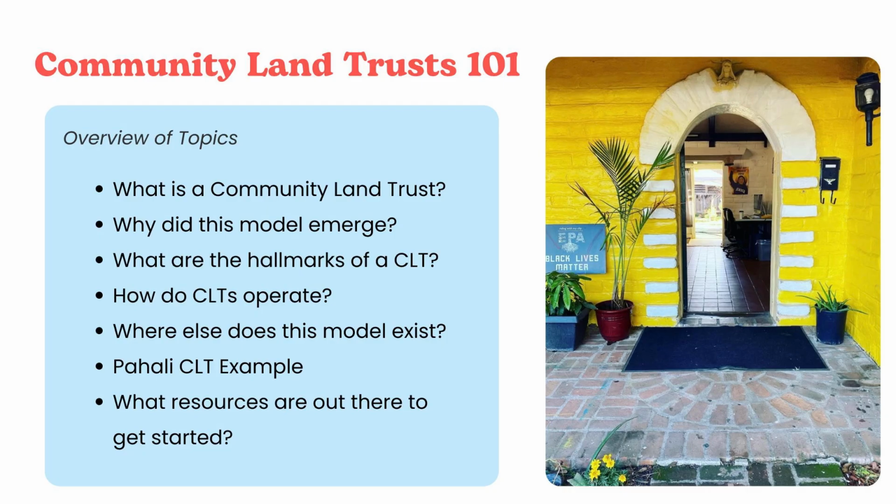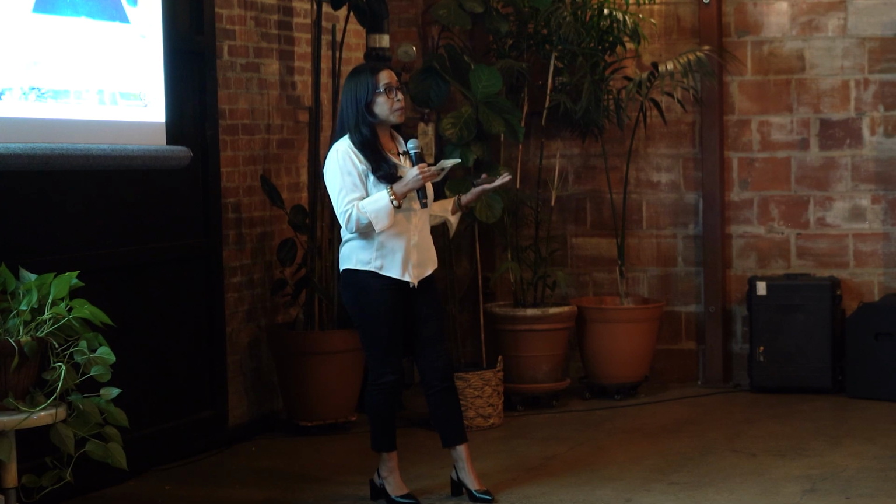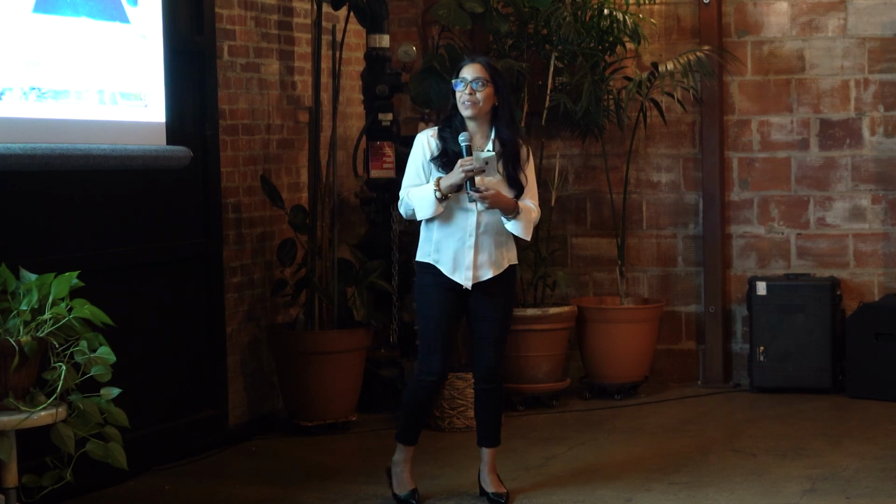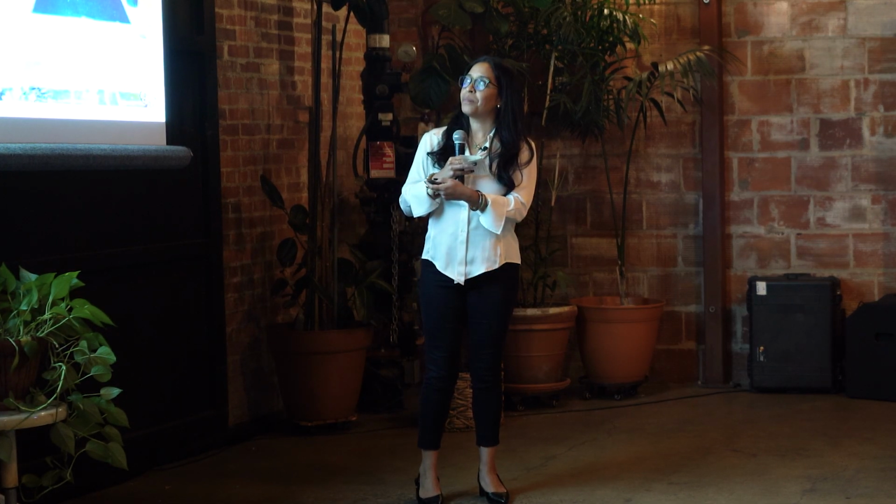We'll get a little bit into what PAHALI Community Land Trust is doing in East Palo Alto as somewhat of an example, a little bit of a case study. And we'll talk a bit more about what other resources there are out there. If you're a bit more curious, want to learn a little bit more about community land trusts, take a deeper dive, or maybe you're thinking about potentially wanting to create one, I'll leave you with a couple of leads as well.